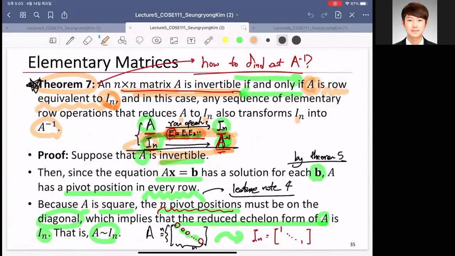This is Theorem 7. If A is an n by n matrix, A is invertible if and only if A is row equivalent to the identity matrix.